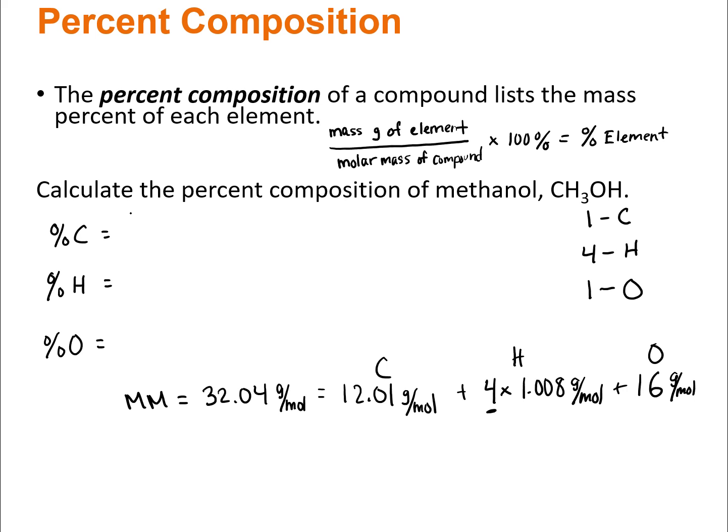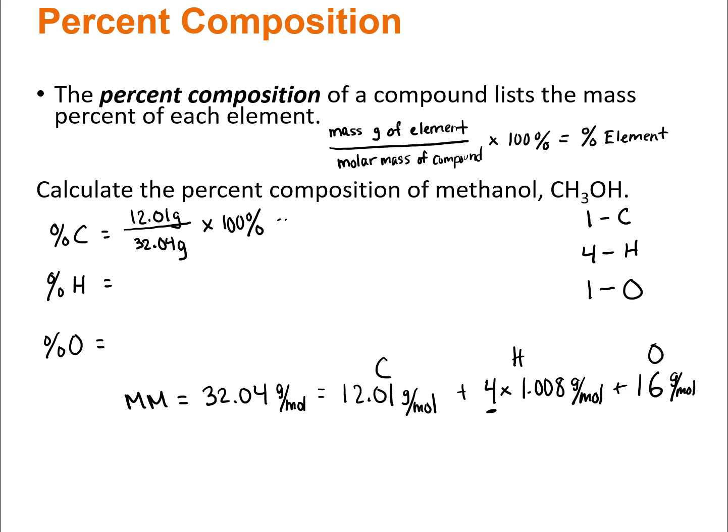For the percent carbon, we've only got the 1 carbon atom, so we're going to put 12.01 grams because there's 1 mole of carbon in this compound. And you're going to put that over the molar mass, which we just calculated. You multiply that by 100%, and that is your percent carbon.